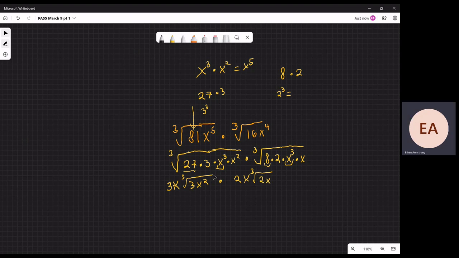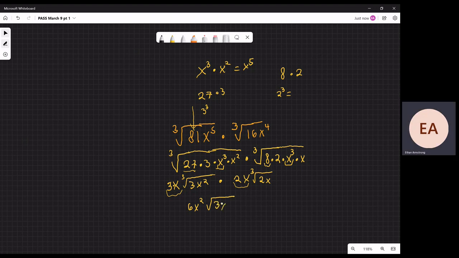And when we're multiplying two roots that are to the same exponent, we can multiply the front two terms and combine the radical. So 3x times 2x will give us 6x squared.